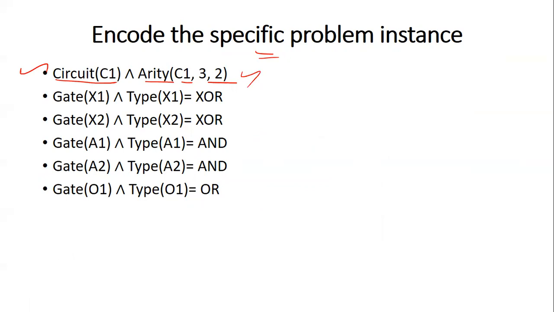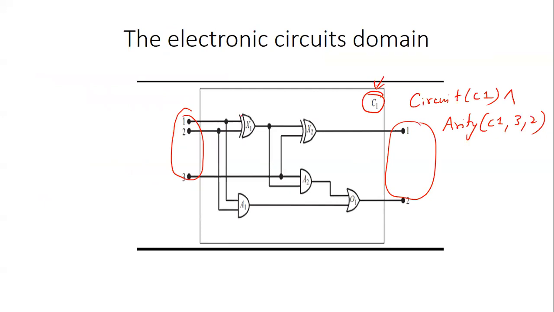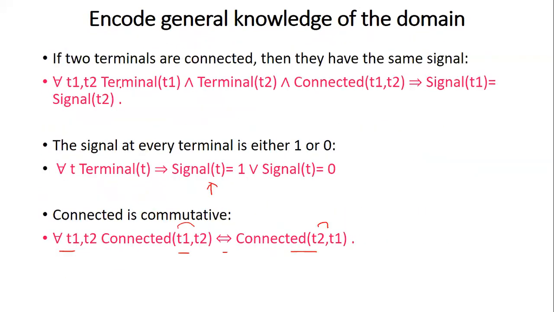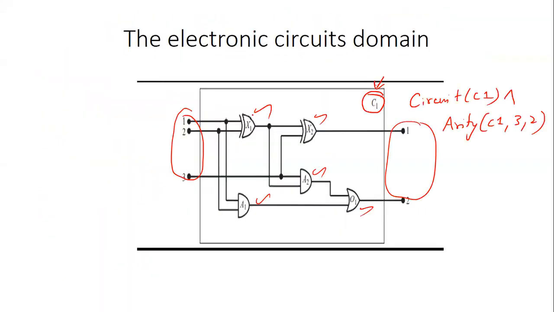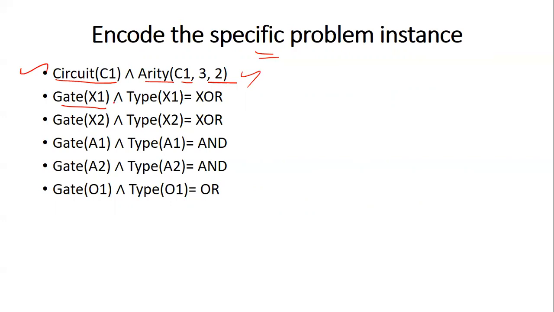Now our circuit contains 2 XOR gates, 2 AND gates, and 1 OR gate. So this info also we should represent. We represent it like this: gate of X1. X1 is a gate, and what is its type? Its type is XOR. So we are saying gate of X1 and type of X1 is XOR.